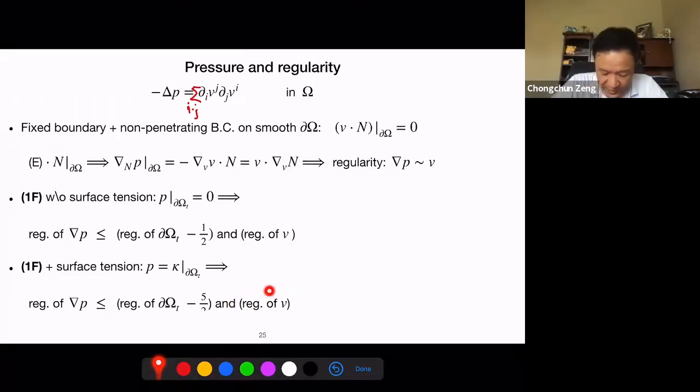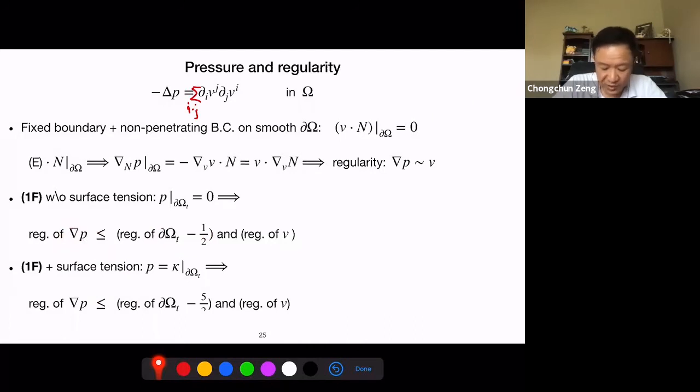Putting all of these things together, it looks a little bit mysterious that the surface tension is supposed to be a good factor to help stabilize the problem and to help improve the regularity. But with the surface tension, the pressure becomes much worse. Without surface tension, it's better, but still problematic to handle. In either of these cases, you can really think of the gradient of the pressure as a driving term.